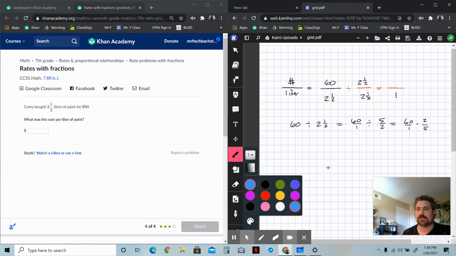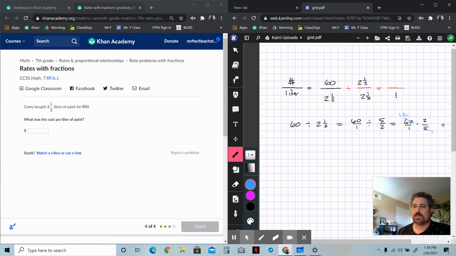And then I would just cancel out the 5 and the 60 to 12 and 1, because we know that 5 divided by 5 is 1, and 60 divided by 5 is 12. And then just multiply across the top, and you get 24 over 1. In other words, 24. So this is a situation that's costing you $24 for every 1 liter, $24 per liter.